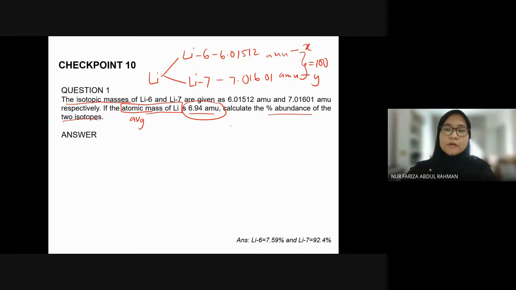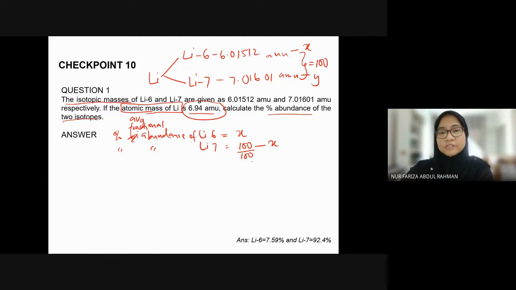But we can connect these two. If we assign the percentage abundance of lithium-6 as X, then the percentage abundance of lithium-7 should be 100 minus X. If we convert the percentage into fractions, it will be 100 over 100, which is 1 minus X. Then we need to find X, and after we find X, we will be able to determine both abundances.